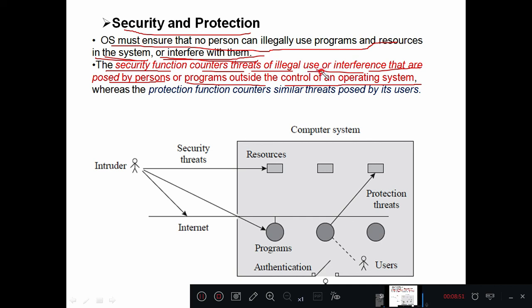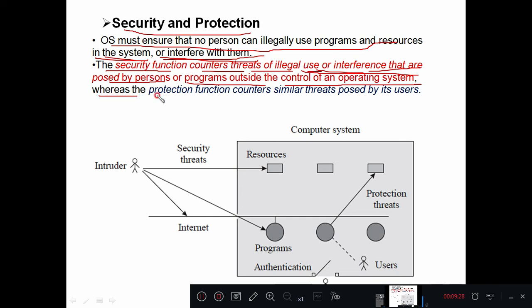So if I want to use the data hidden in your laptop illegally, that can be avoided by providing security to the system in the form of a password. The operating system can provide authorization to different users, and only that particular user can access the data hidden in the computer program, right?